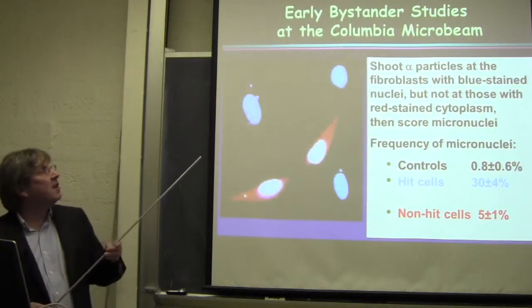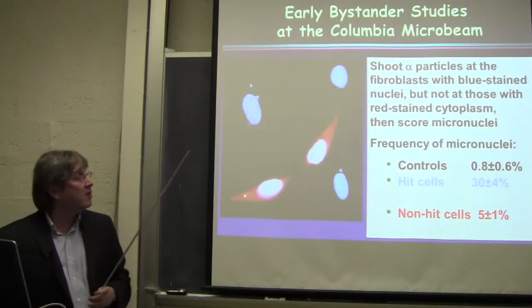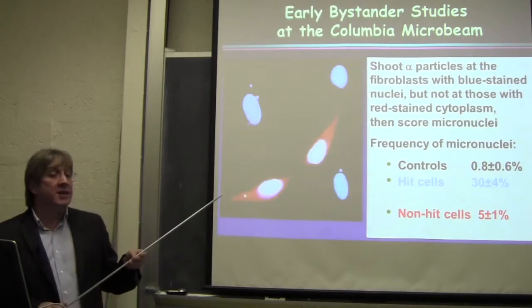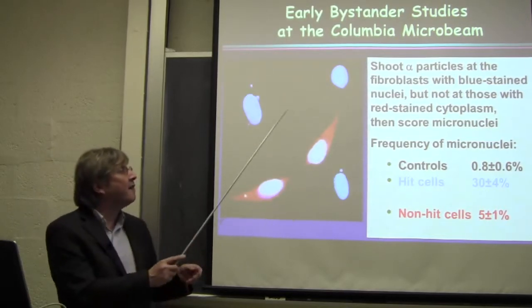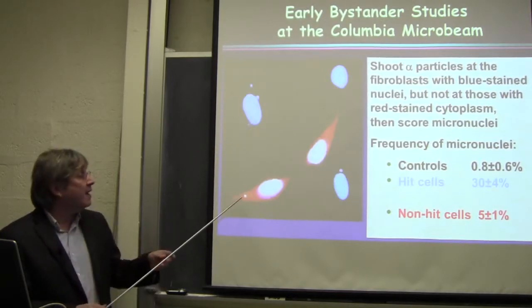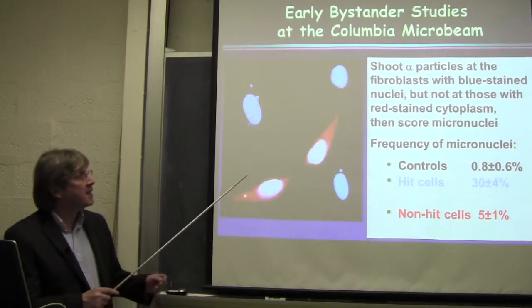And here actually is a result of one of our very early bystander studies at Columbia. It was actually done by Charles Geard. What happened here is that he stained half the cells on the dish with a blue nuclear stain, and the other half of the cells on the dish with a red cytoplasmic stain.